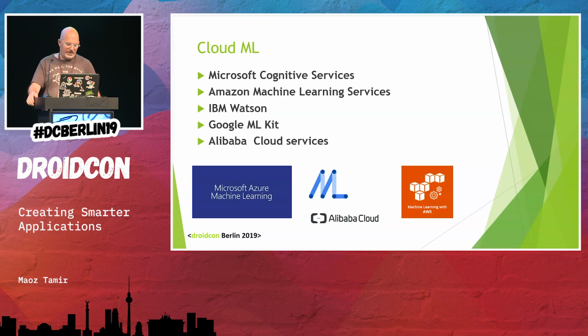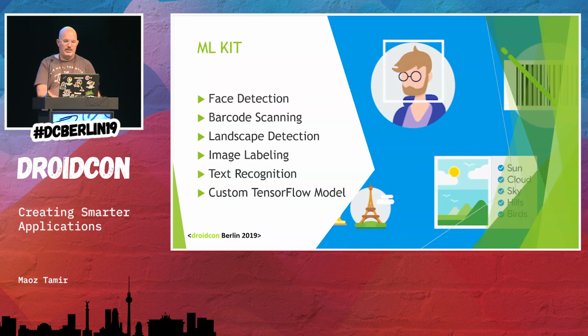But I'm going to concentrate on MLKit, which is from Google, because it has a few features that are, I think, a bit helpful for Android developers. First of all, it's based on Firebase, and most of us are already connected to Firebase in our applications.